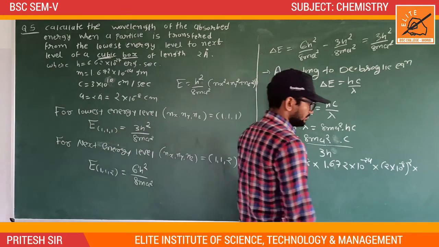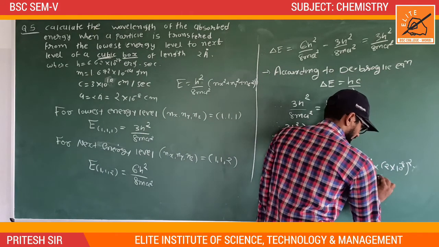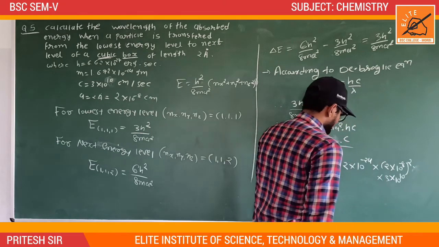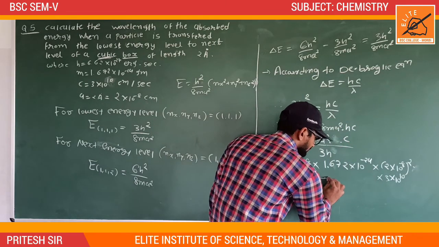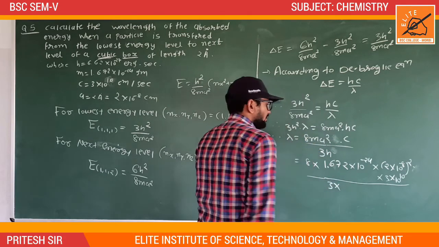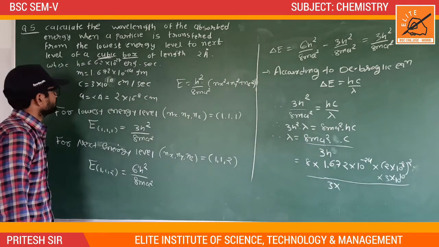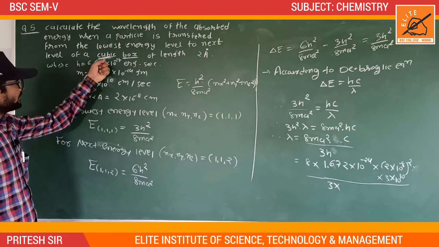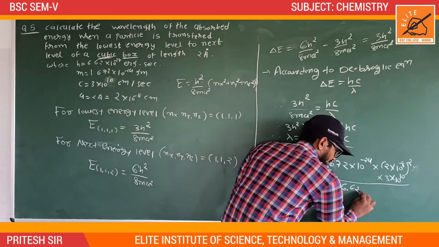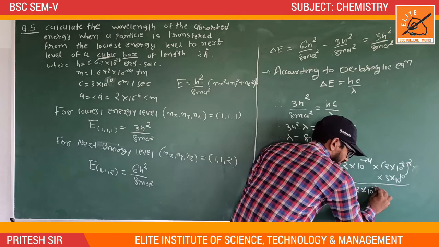So c is 3 into 10 to the power 10, divided by 3 into h. The value of h is equal to 6.62 into 10 to the power minus 27.